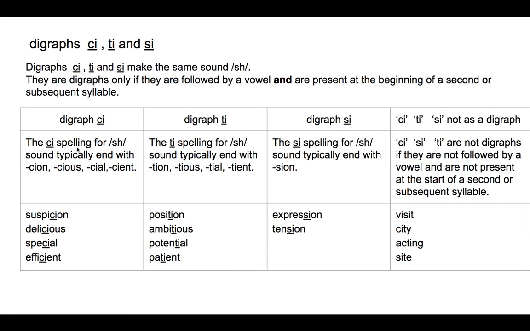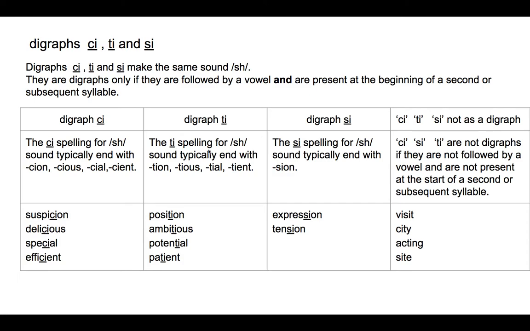The CI spelling for sh sound typically ends with these: CION or CIOUS or CIAL or CIENT. For example, suspicion, delicious, special, efficient.